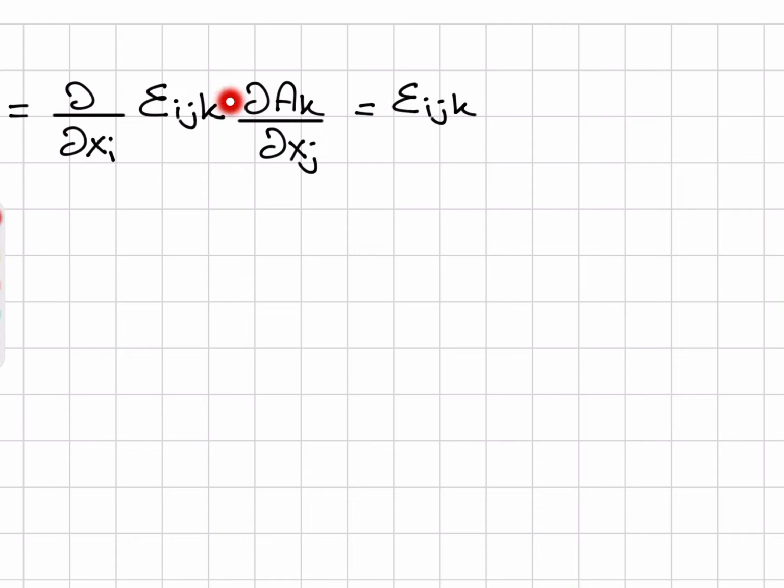This is just a number, so the derivative doesn't do anything on it. I can take it up front. This is del xi del ak del xj.